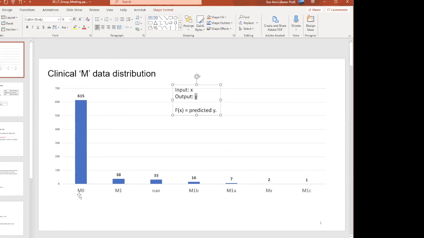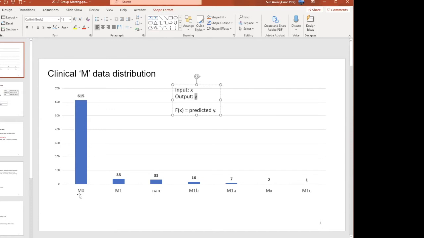If we make this a binary outcome, the potential issue is that if one patient has 3 radiology reports and one report needs manual checking because it cannot tell whether it's M0 or not, then in the end the patient's final report will be MX, unknown. So the accuracy rate won't be that high.